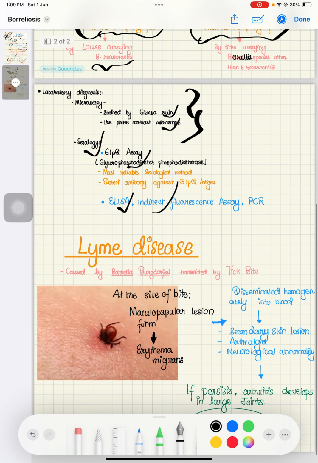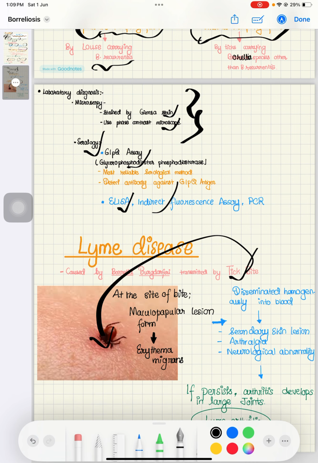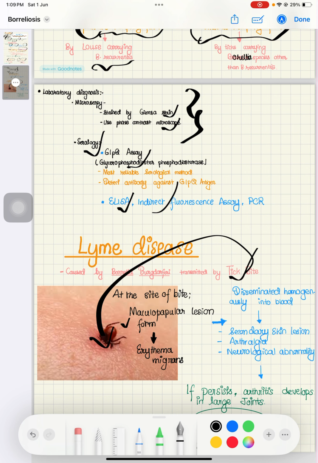Lyme disease is also a borreliosis, caused by Borrelia burgdorferi, which is transmitted by a tick bite. At the tick bite, we find maculopapular lesions, which we call erythema migrans.